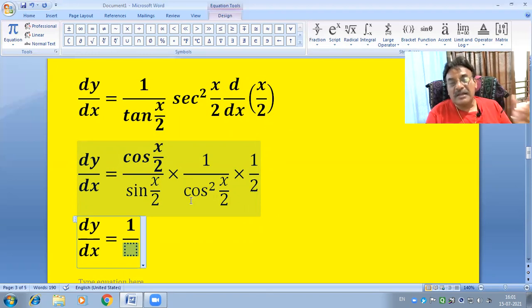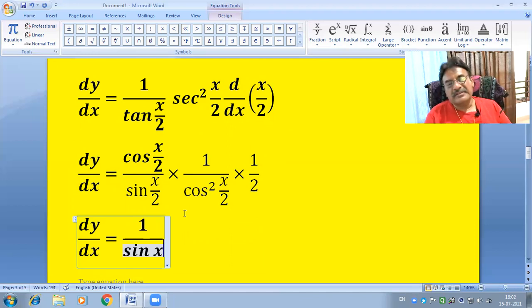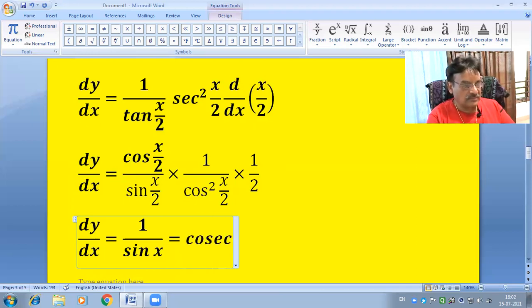By using the half angle formula, this is equal to sin x, because we know that sin x is equal to 2 sin x by 2 into cos x by 2. So we get here sin x. And we know that the formula 1 by sin x is equal to cosec x. So we write here cosec x.